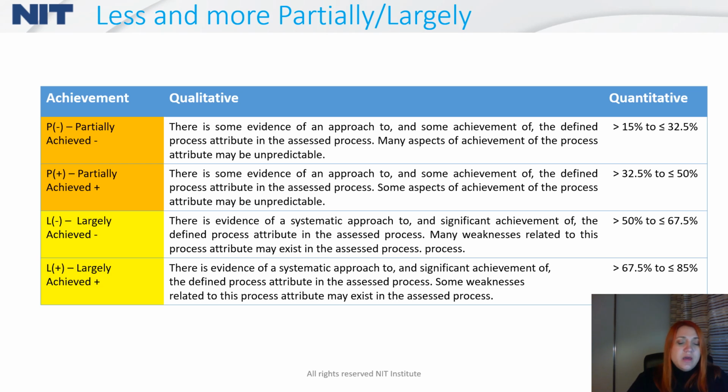In the same way, there are judgments for largely minus and largely plus, which means that many weaknesses related to this process attribute may exist in the assessed process. But for the other one with plus, it means that some of the weaknesses may exist. The same logic of the scale is applied here as it is applied in the partial achievement.